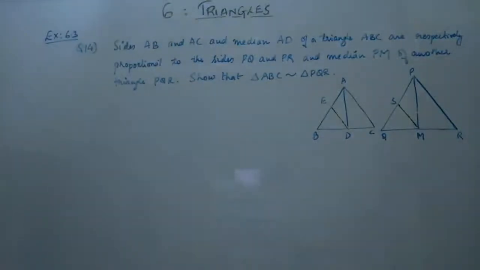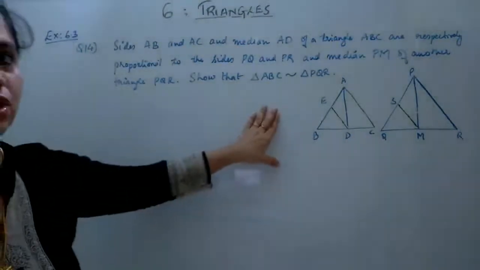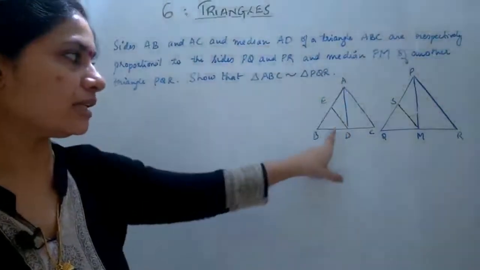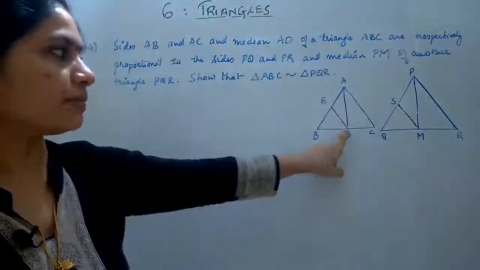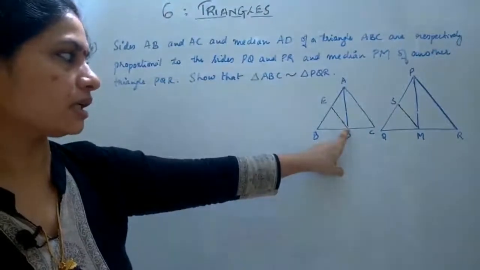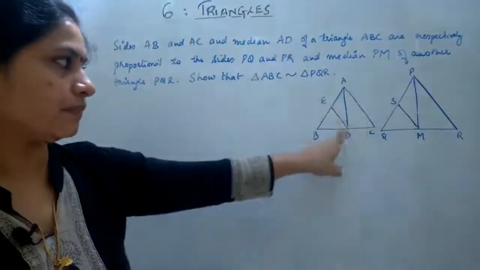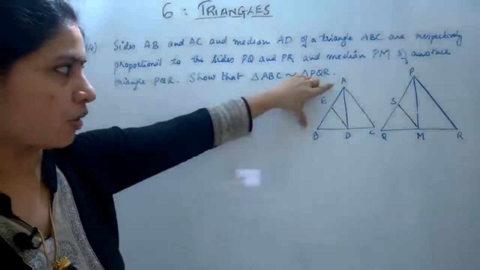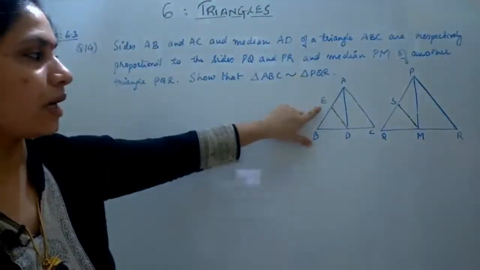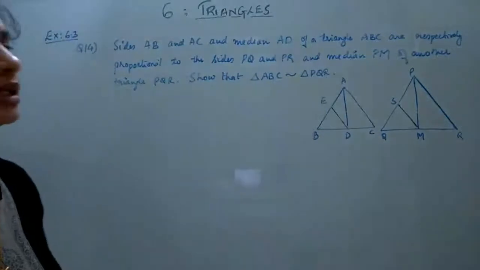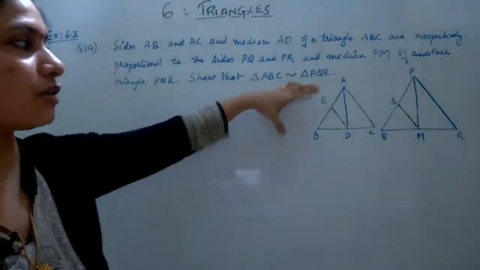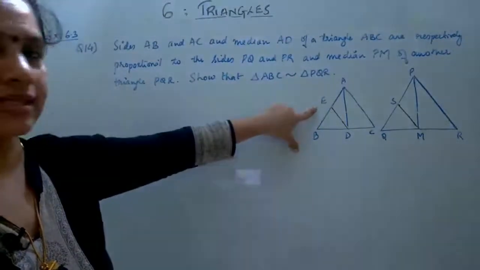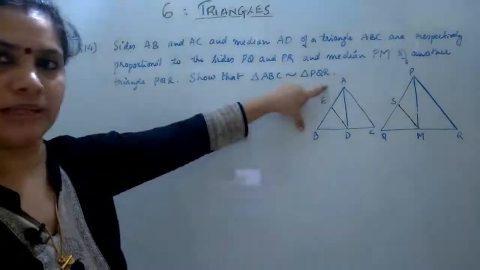First we have a construction. Since AD is the median, D is the midpoint of BC. From this midpoint we construct a line parallel to AC, which is ED, touching AB at E. According to the converse of the midpoint theorem, this line bisects the third side, so E is the midpoint of AB.